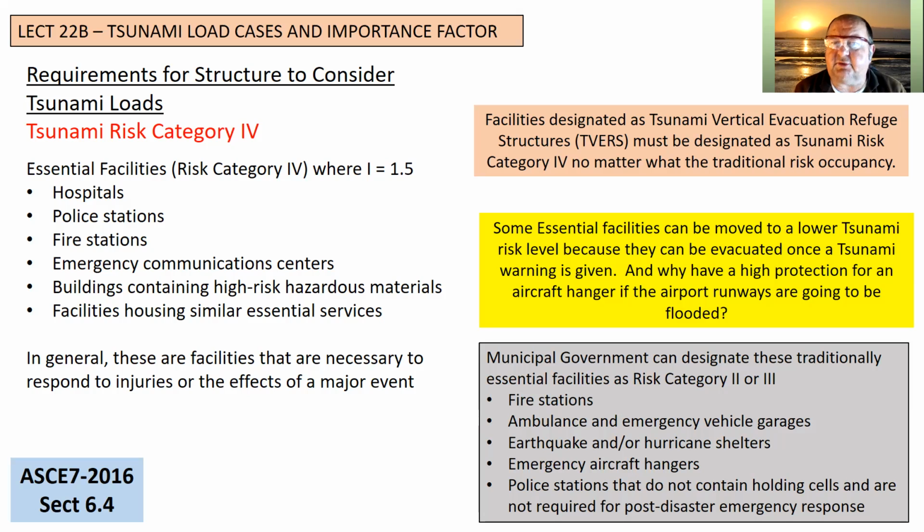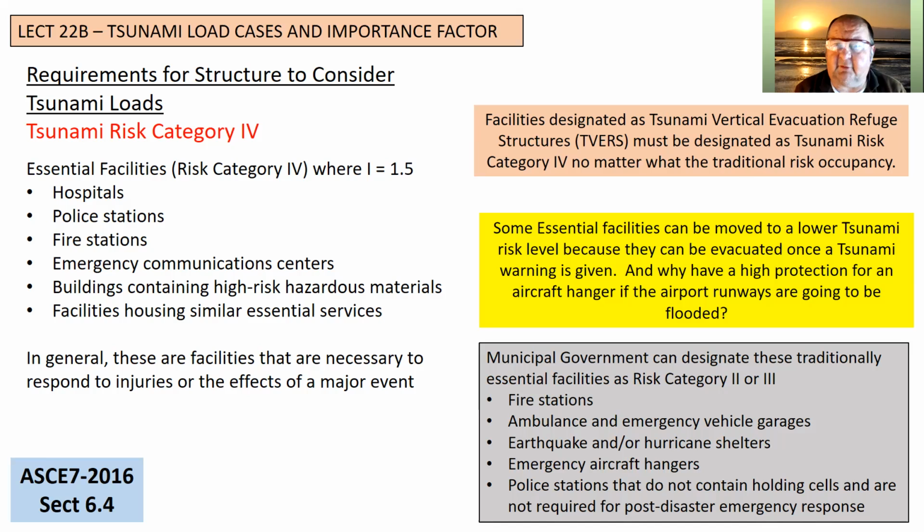There are a few essential facilities that are not in category 4 for tsunami risk. These are typically structures such as a garage for ambulance or emergency equipment. The idea is that one difference with tsunamis versus the earthquake in general is that with a tsunami, I have a little bit of time to know that this event's going to occur.